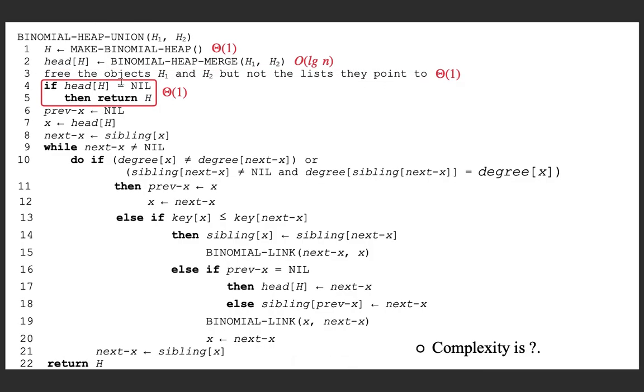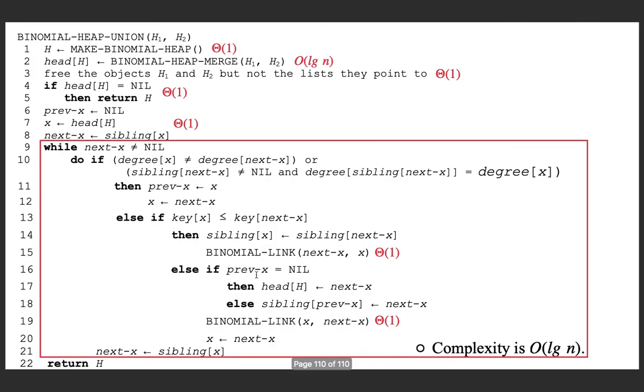If you look at this, just one statement which is conditional is order of 1. Then setting the basics, just 3 statements, again order of 1. If you move inside, all these statements are order of 1. Binomial link is again order of 1. We have seen only 4 statements, right? Hence, you are calling it twice from the loop, and the complexity can be obtained as log n.